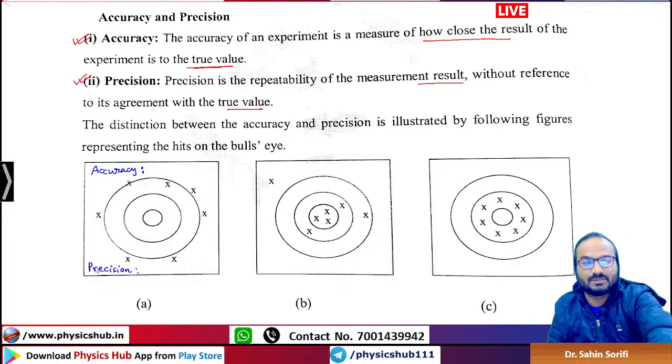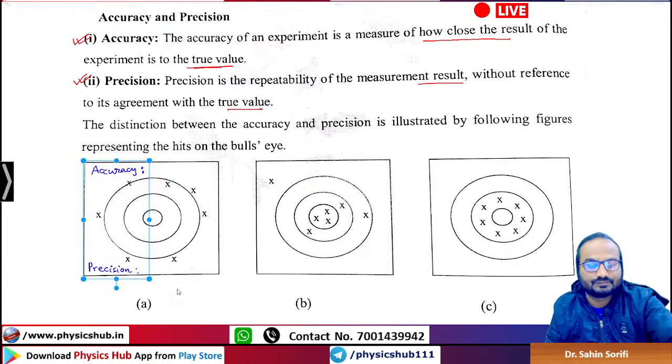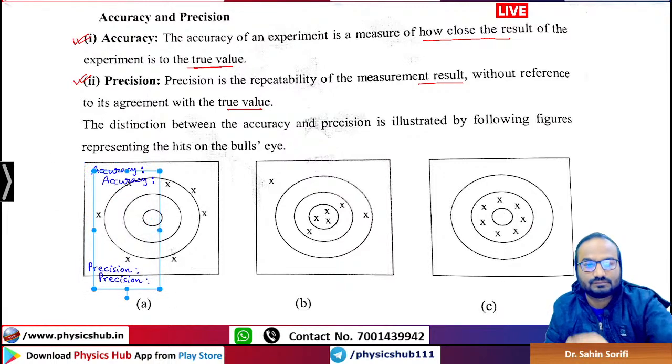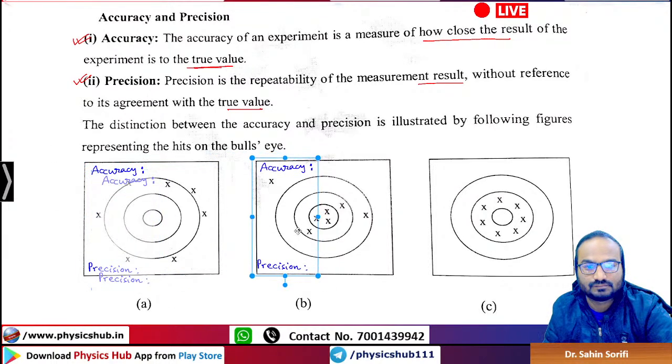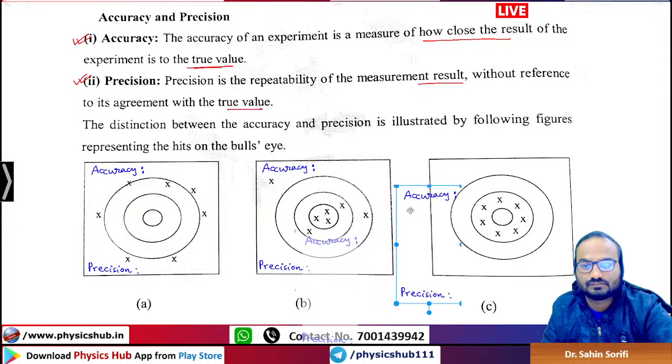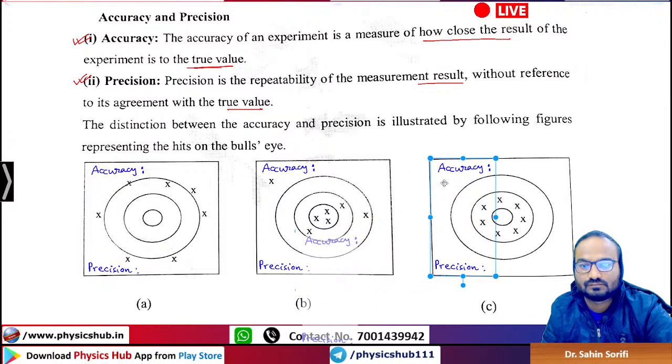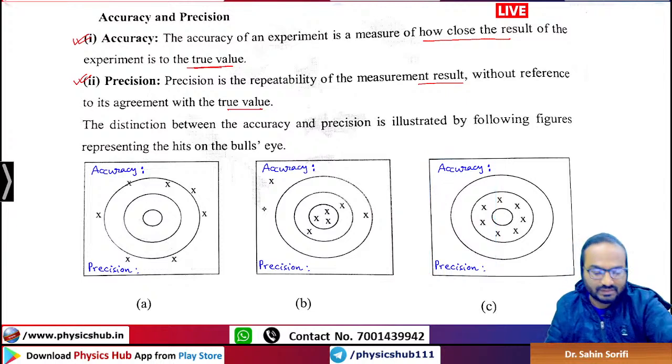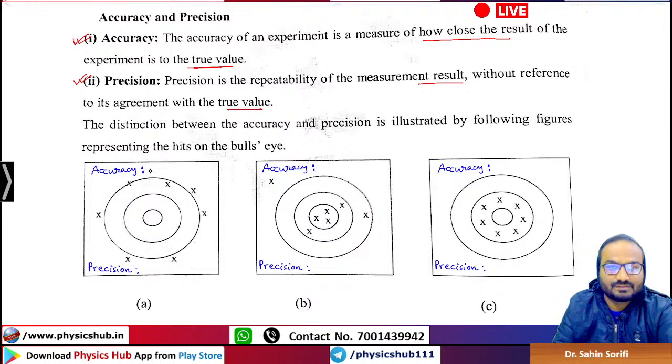You just have to tell me this. For the first figure, precision is high, accuracy is low.